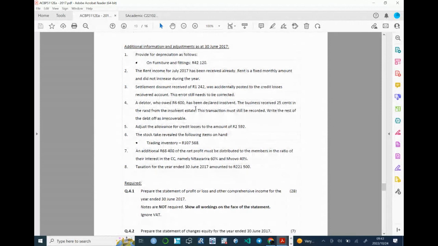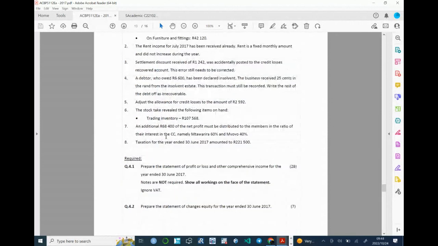Okay, super. Then 7. An additional 68,400 of net profit must be distributed to the members in the ratio of their interest in the CC, namely 60% and then 40%. Okay.